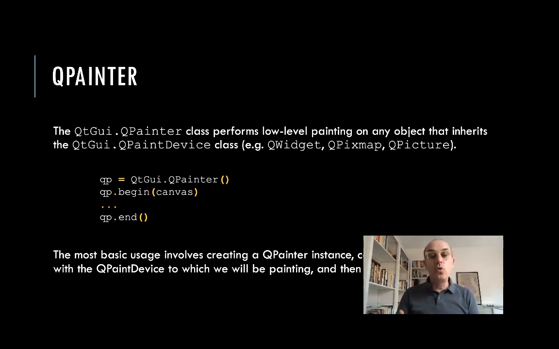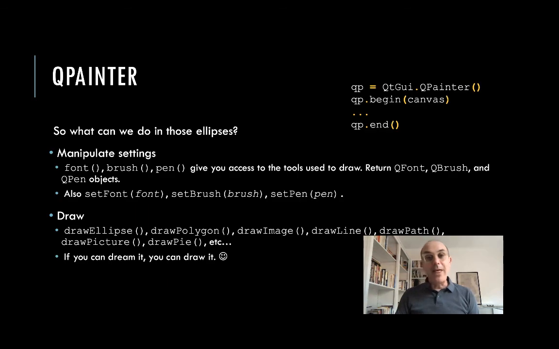In order to apply that, I will use qp equal to the QPainter, and I will end it. So the most basic use involves creating the QPainter instance, calling the begin method with a device that it will be painting on, and then calling the end method.